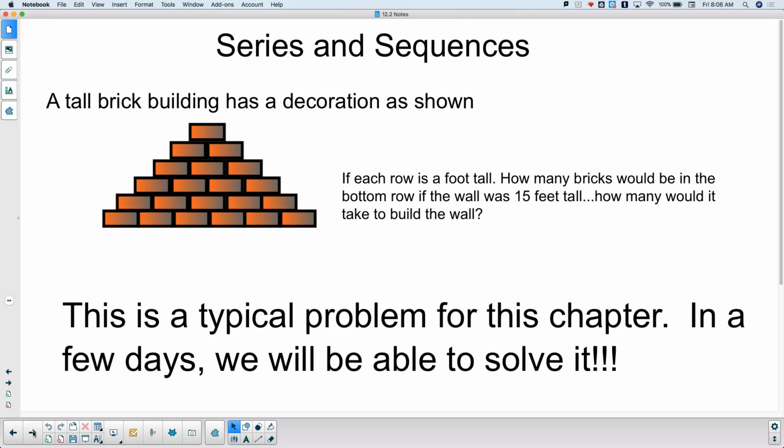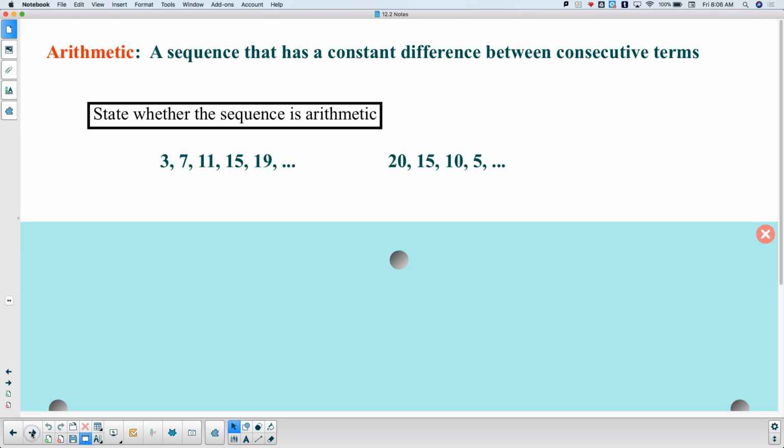You be smart about these things. In a couple of days, we'll be able to solve both those questions. At the end of today, we should be able to solve the first question, how many bricks are in the 15th row. And on Monday, we should be able to solve how many bricks it would take to actually build the wall.